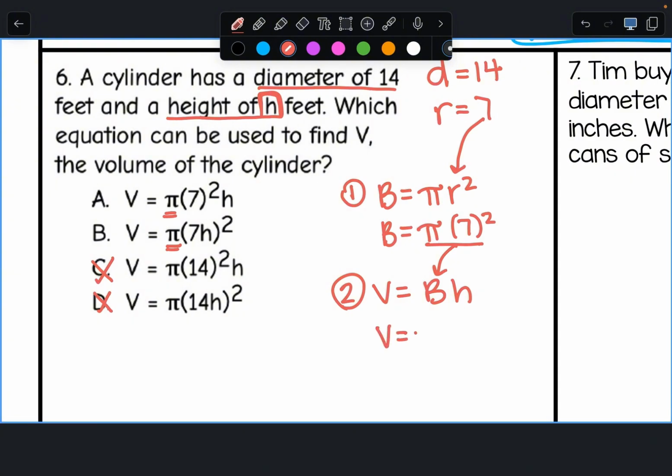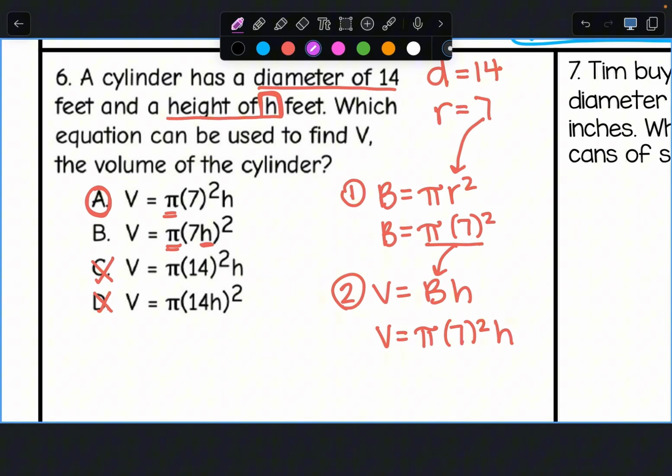So pi 7 squared, and what is h? H is h, right? They didn't give us h. What is our answer? No. A. The reason B is wrong is because h is inside of the parentheses, so what would happen is that they would square the 7 and they would square h, which we don't do that, okay?